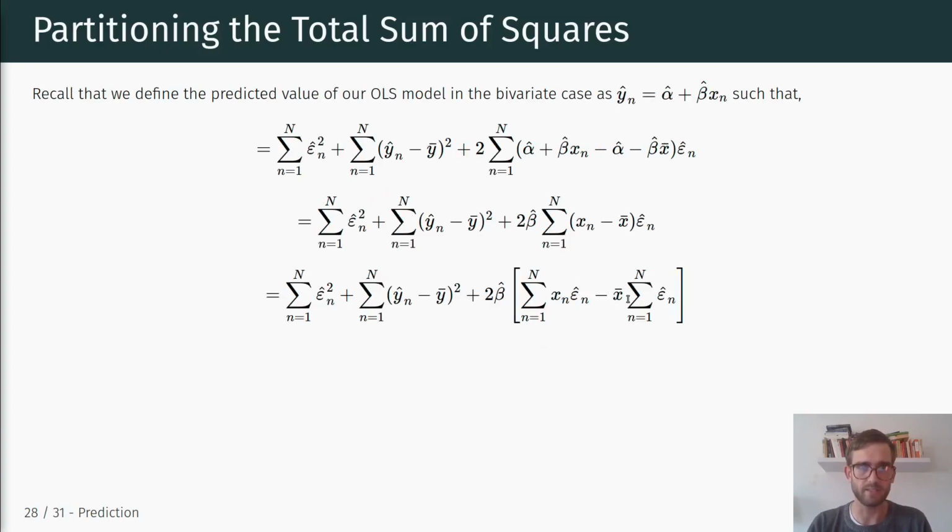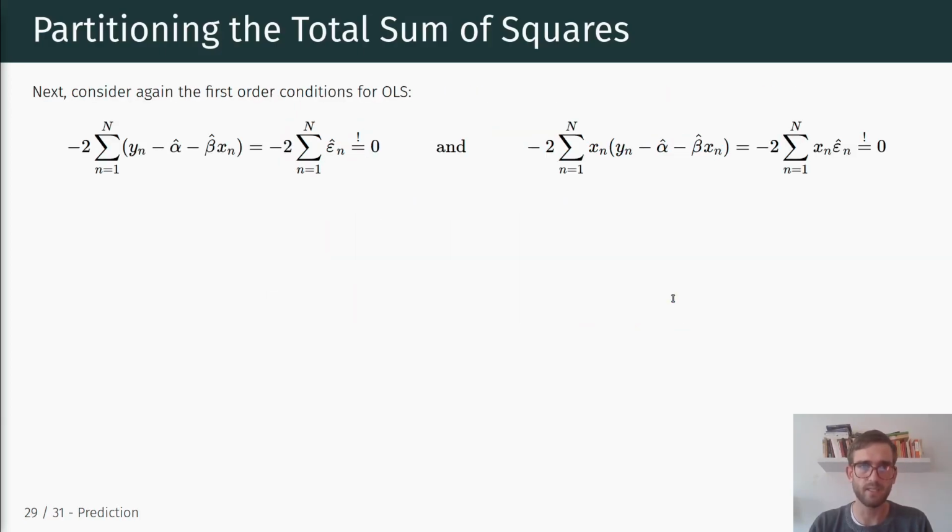That implies essentially, if we look back at this equation, xn epsilon hat minus x bar sum epsilon n, the fact that for the OLS estimator these two equations hold, that this is equal to 0 and that is equal to 0, implies that this term, 2 times beta hat that we extracted previously, xn epsilon hat n minus x bar epsilon hat n, is equal to 0, because we see here this is equal to 0, that's the first part here, and this is equal to 0, that's the second part here.